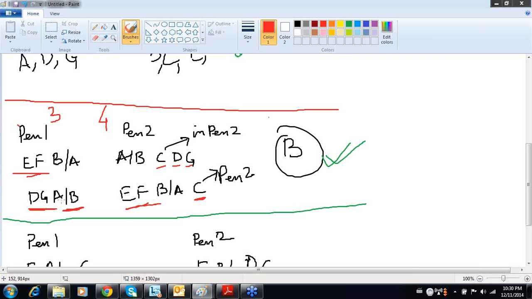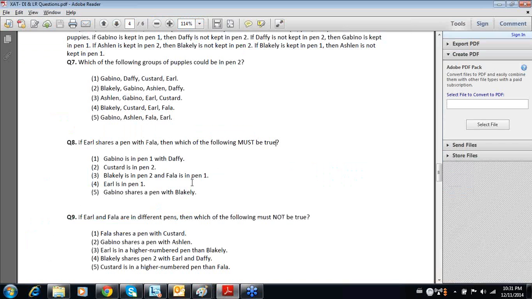So Cotness, we cannot say it must be true. It can be true. In one of the options it can be G and B together, but it will not be in all of the options. But if you see option number 2, C will always be in pen 2, whatever may be the condition. So that is why we have to choose option number C, because it is asking must be true.